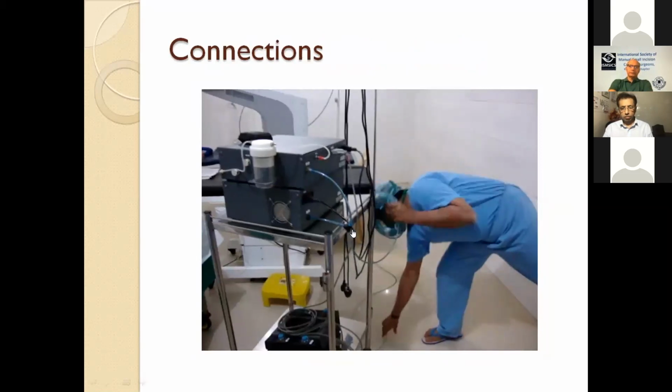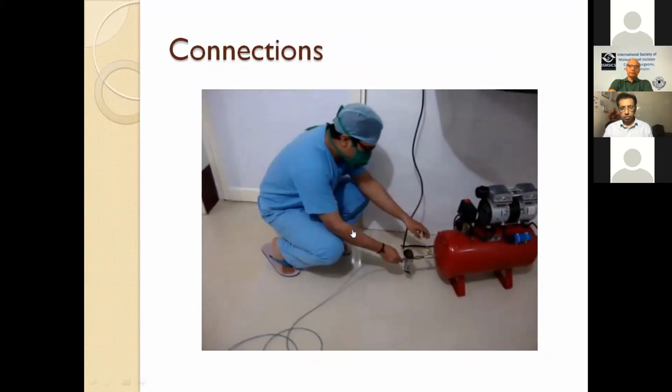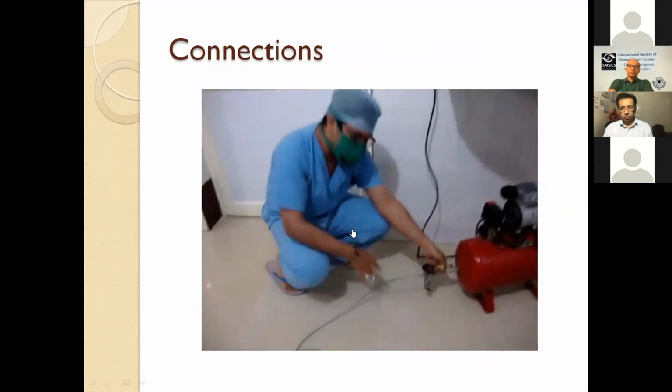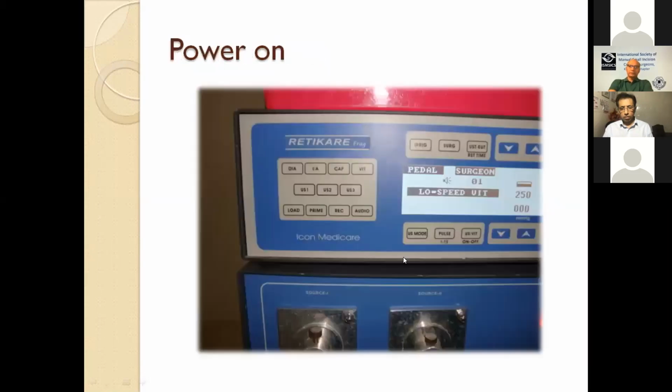My boys take the silicone tube and connect it to the compressor. It's a less than 10-15 second job, and they turn the knob to get the air inside. Once you switch on, it goes to diathermy, and then you have to press this vitrectomy button, and then it will go to the vitrectomy.